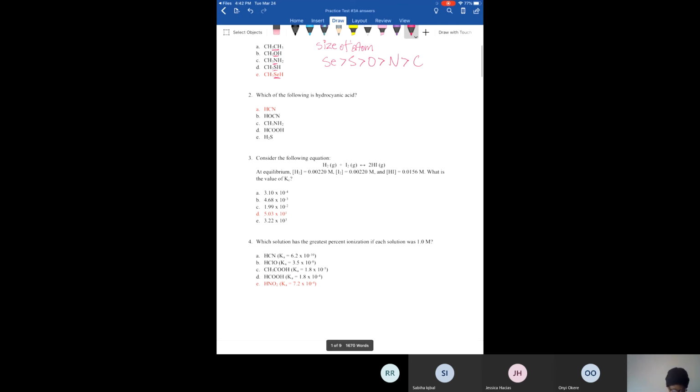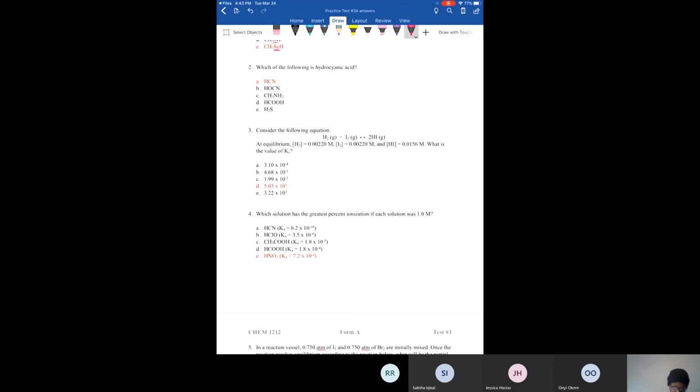For 3, at equilibrium, the H2 concentration is 0.002, I2 is 0.022, and HI is 0.10156. So what is the value of Kc?